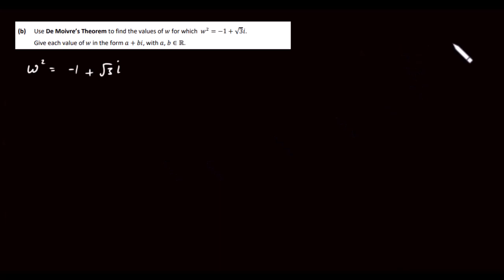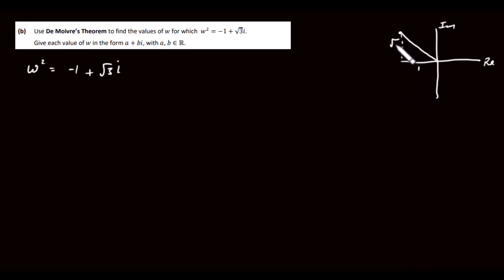So if we have a look at that, we have our Argand diagram here, a complex plane, and we know that it's going to be here somewhere. We've got to go out negative here on the real axis, and then positive on the imaginary axis here. So there's our complex number there, minus 1 plus root 3i. So we're coming out here 1, or minus 1 if you like, but the distance is actually 1.